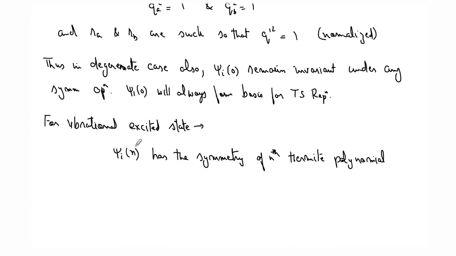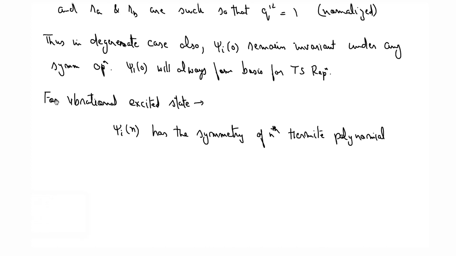Other than that, nothing else is contributing to the symmetry. So let's see how it happens. So for the first excited state, we have n equal to 1.